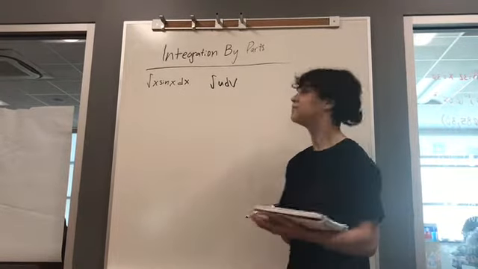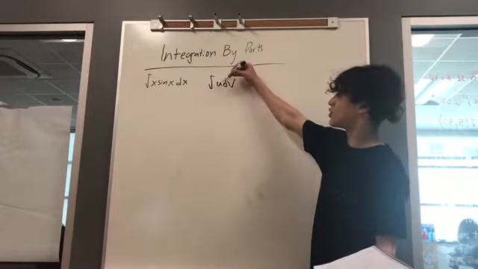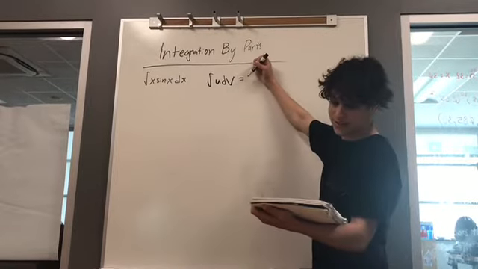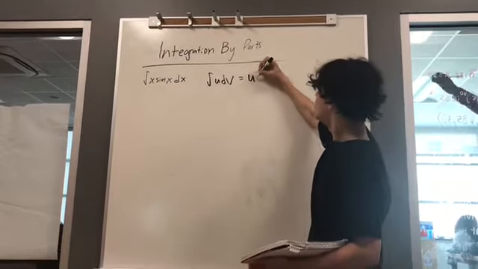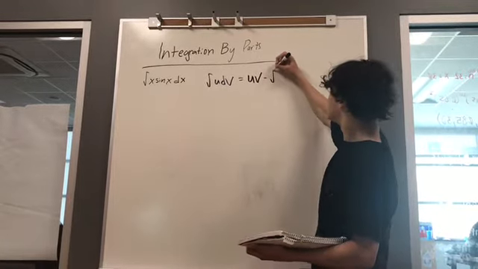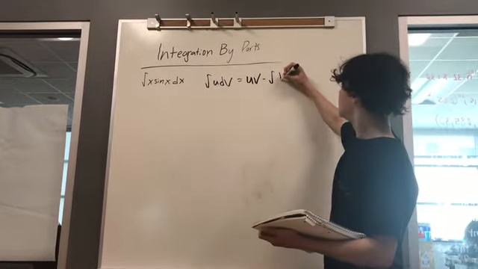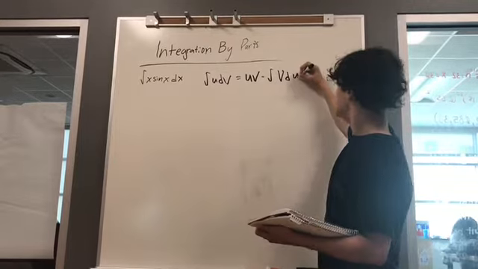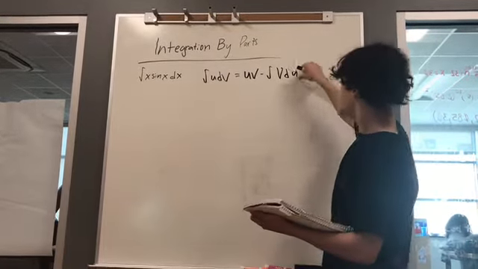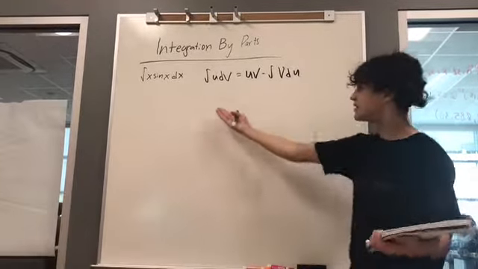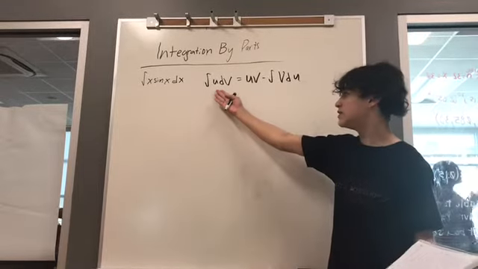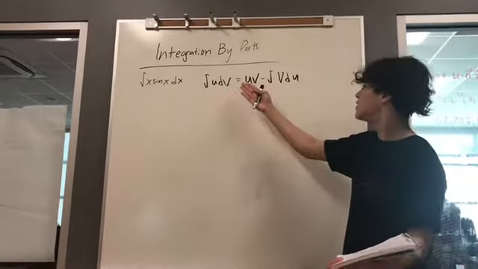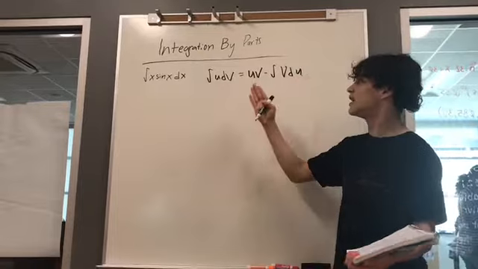The rule is the integral of u dv equals uv minus the integral of v times du. So we need to figure out what the u is, what the dv is, what the du is, and what the v is.